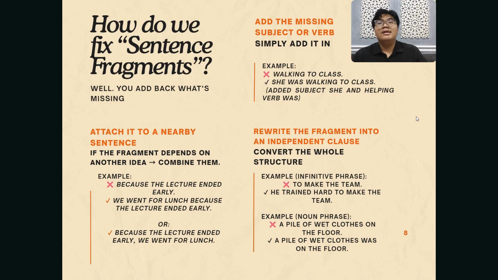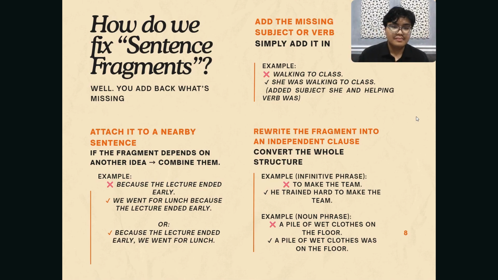Was it caused by something? So, either you can put it in front or behind. We went for lunch because the lecture ended early, or because the lecture ended early, we went for lunch. Same idea, different positions and orientation, but it still carries an idea to help the word because, completing this fragment.